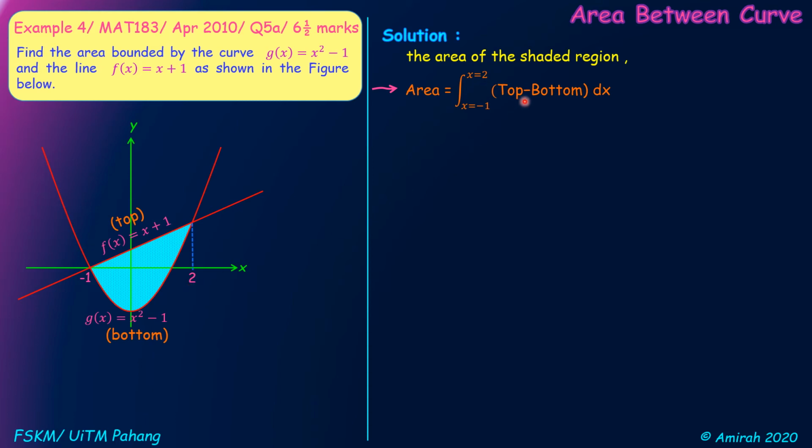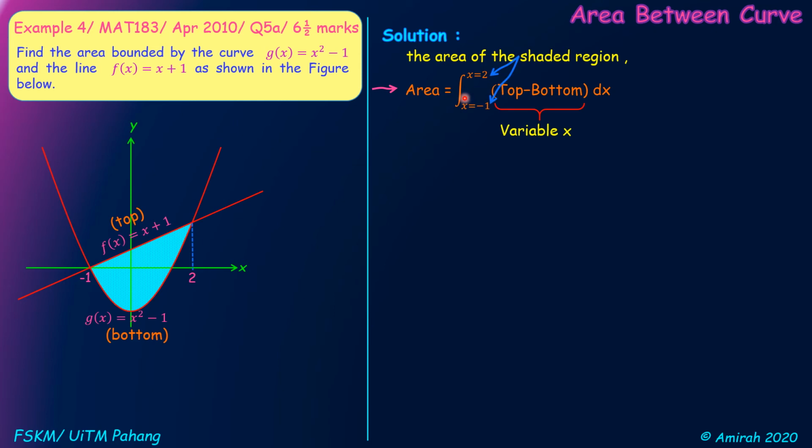When we integrate with respect to x, or when we use limits on the x-axis, it means we need to deduct the bottom from the top here. And then the functions for top and bottom, we need to write in terms of variable x because now we integrate with respect to x.